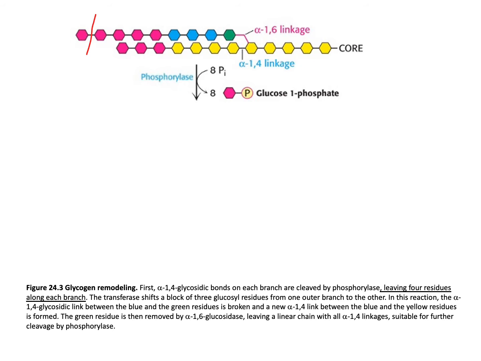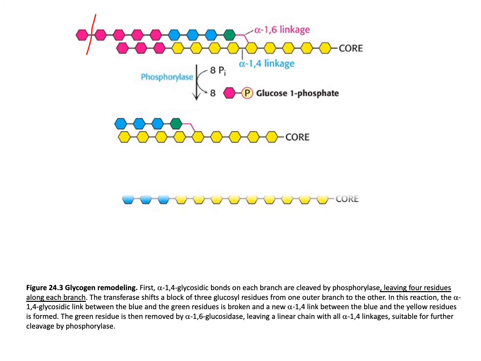This process keeps repeating until it reaches 4 residues away from the branch point. Then the transferase removes the block of 3 glucosyl residues and links it to a nearby chain so that the phosphorylase can continue to catalyze the phosphorolysis reaction.